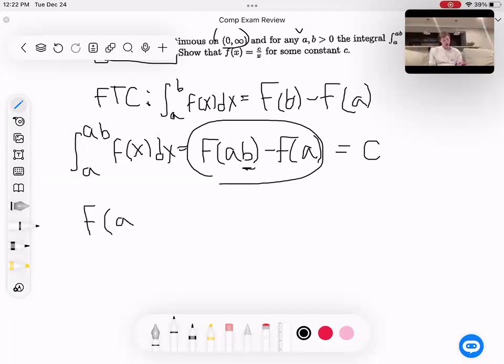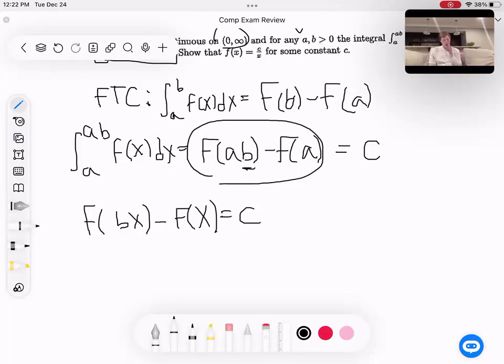We don't actually need to do this step, but I think it's easier to see what's going on if we think of it in terms of x. So F of bx minus F of x equals c.